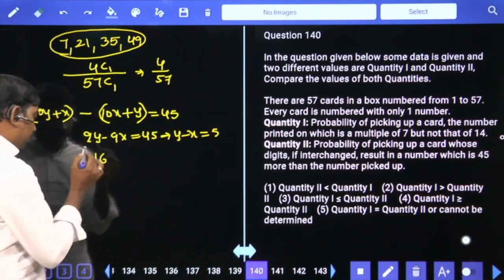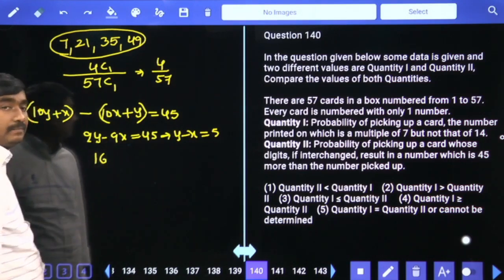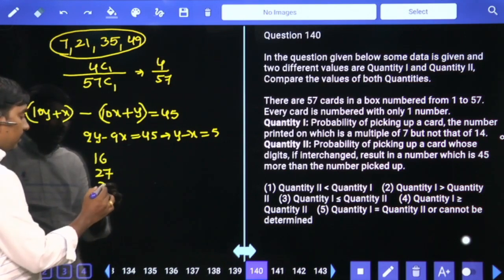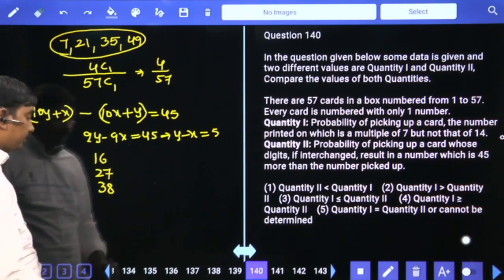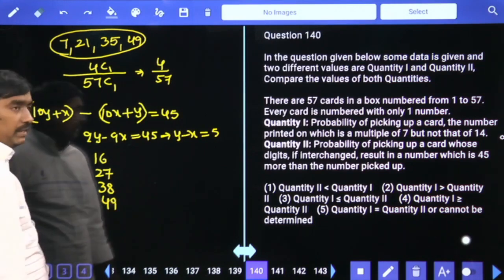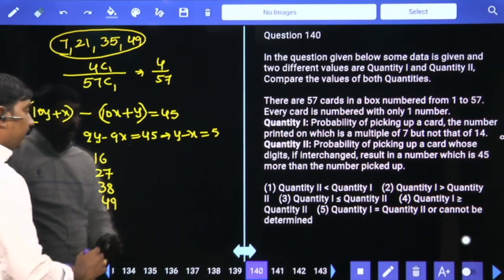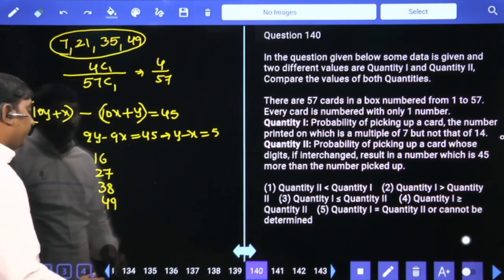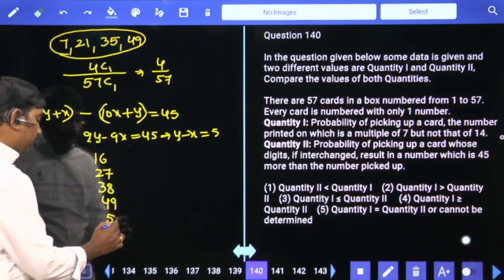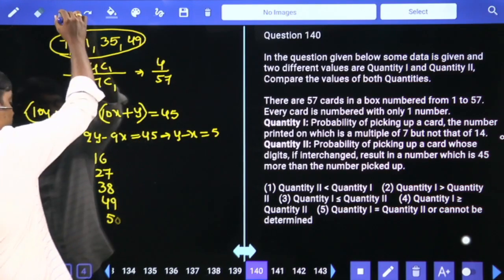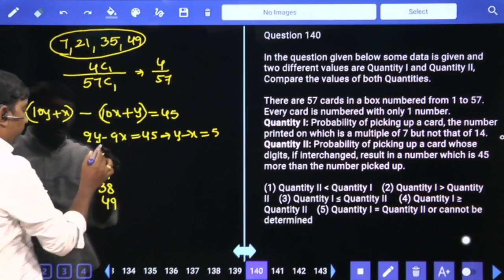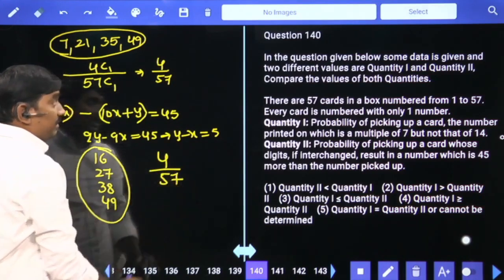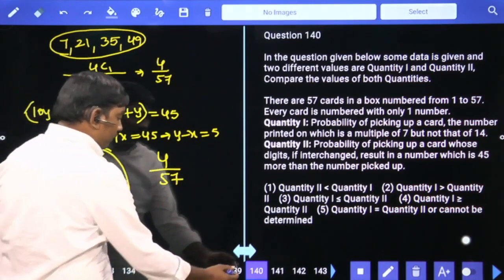One number is 16. Difference is 5. 27, difference is 5. 38, difference is 5. 49, difference is 5. 5 with 5 is not possible, I think. 50, if we consider 50, if you reverse you will get 05, not possible. Only how many numbers are there? 4 numbers are possible out of 57 numbers. 4 by 57. 1 is equal to 2 is your answer.